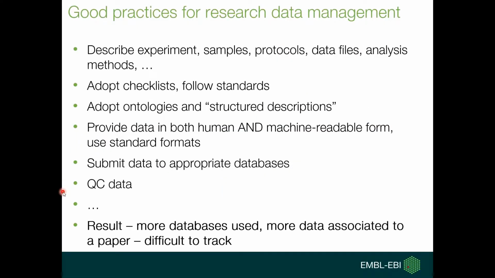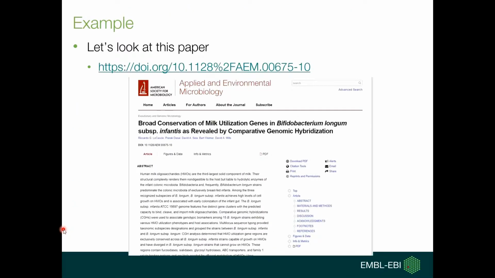As a result of life sciences becoming more and more data intensive, there are more and more databases that are used, more data is generated, and eventually it becomes difficult to track all the data associated to a paper. So let's briefly look at this paper, which is about conservation of milk utilization genes.